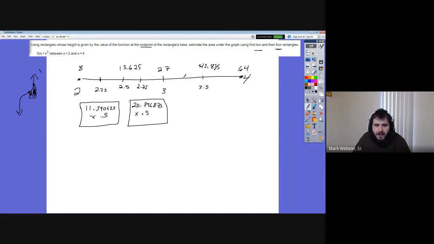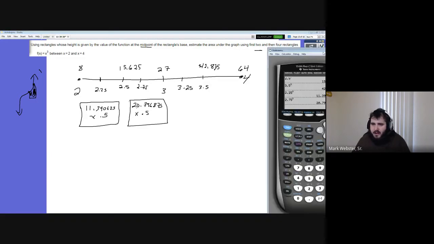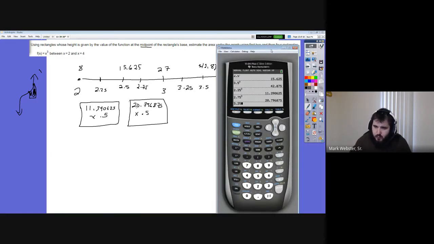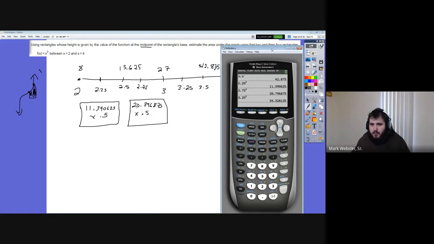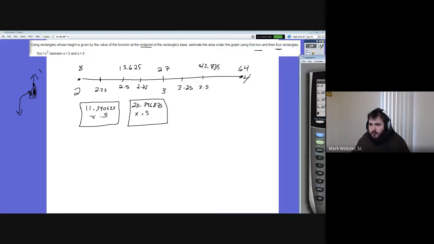And again and again, right? This is going to be 3.25. We're going to throw that into the calculator, see what that is cubed. 34.328125.